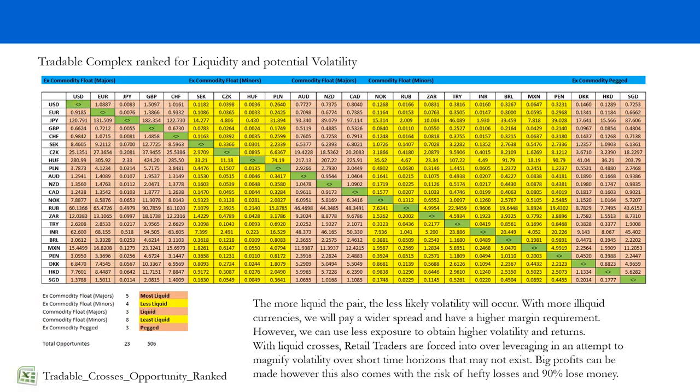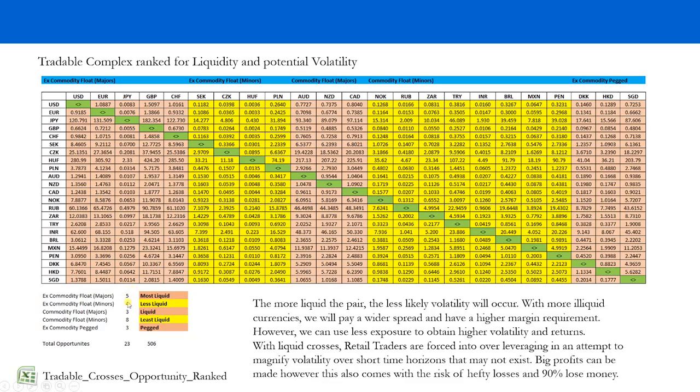That's the generally accepted table for media outlets and participants with conflict of interest in the currency markets. What we've done is now extended this, and what we've got here is a breakdown of the classifications that we've applied. So we've got ex-commodity float majors, 5 in total.